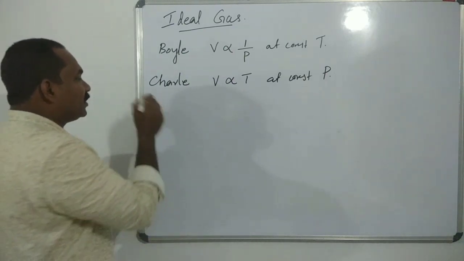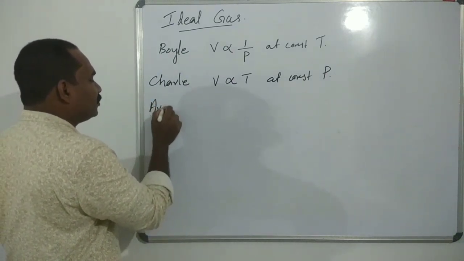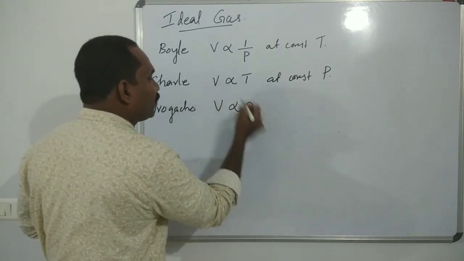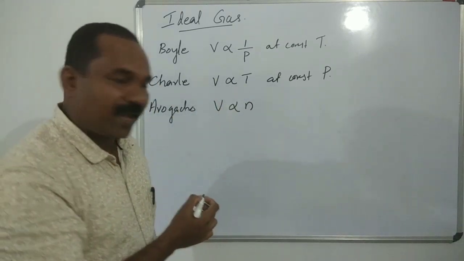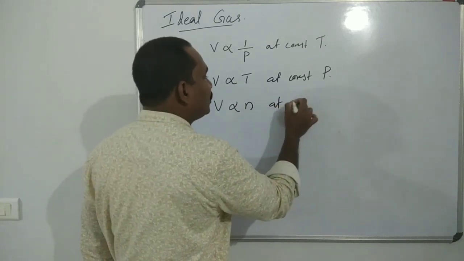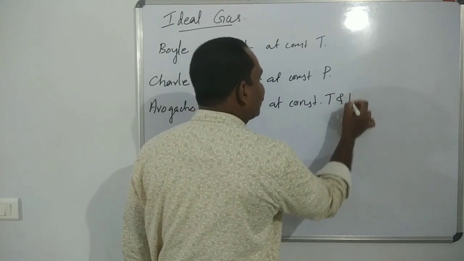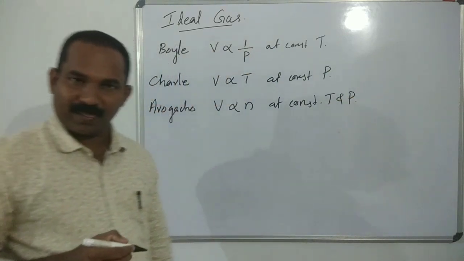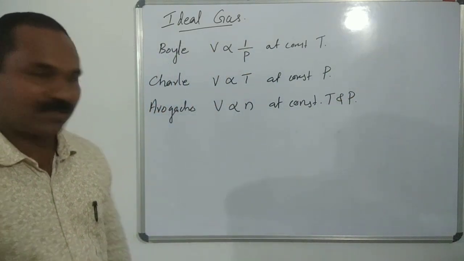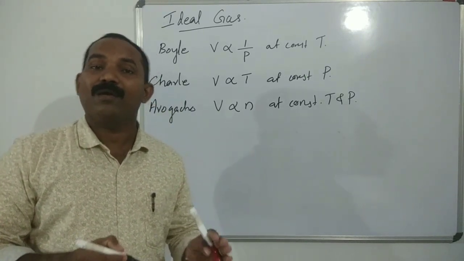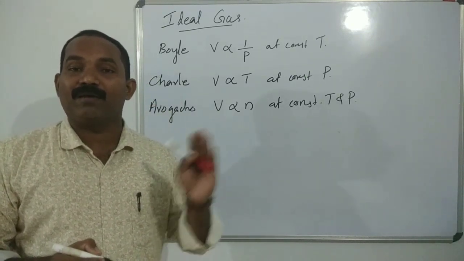Then, according to Avogadro, V is directly proportional to the number of moles n at constant temperature and pressure.